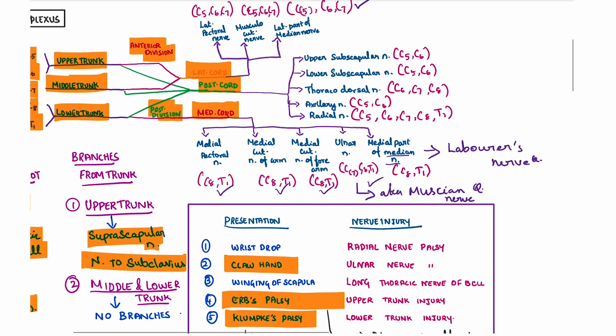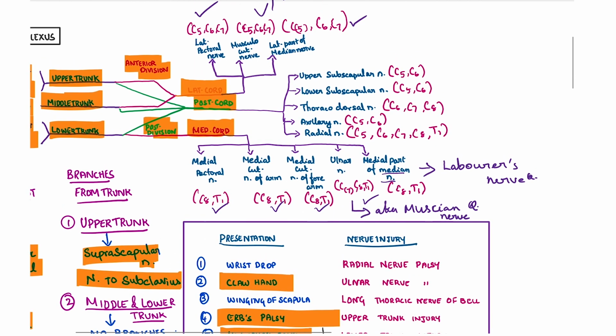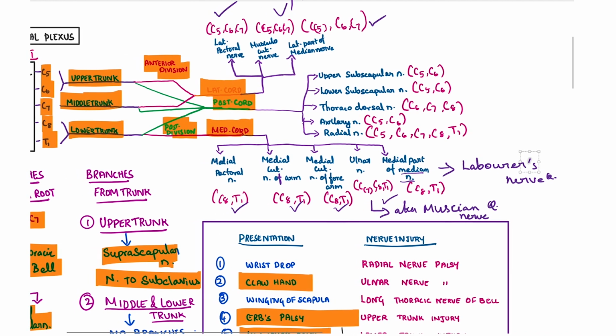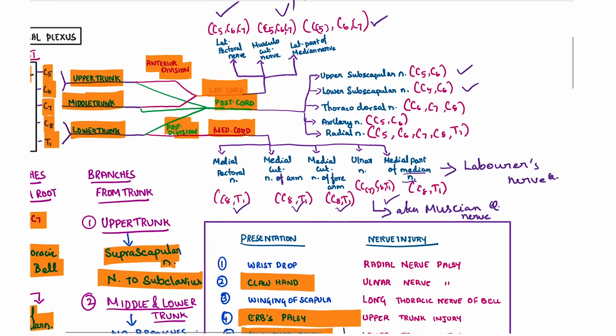And the posterior cord gives rise to five branches, namely the upper subscapular nerve, lower subscapular nerve, thoracodorsal nerve, the axillary nerve, which supplies your deltoid muscle, and finally the radial nerve. The radial nerve is your thickest nerve, and it has a root value of C5 to T1.